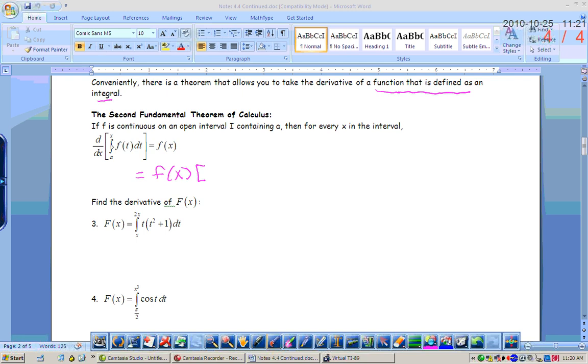What would the derivative of x be? 1. Minus, plug in the bottom limit for t, so f of a. And in this case, a is a constant, so what would the derivative of a be? 0. Okay, so that's where you get just plain old f of x.